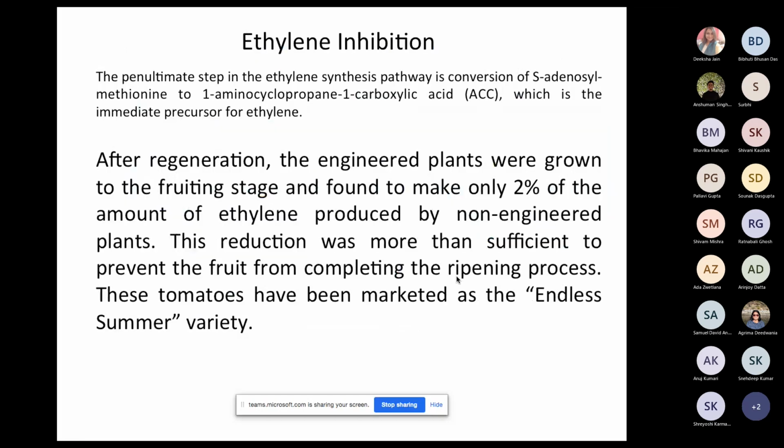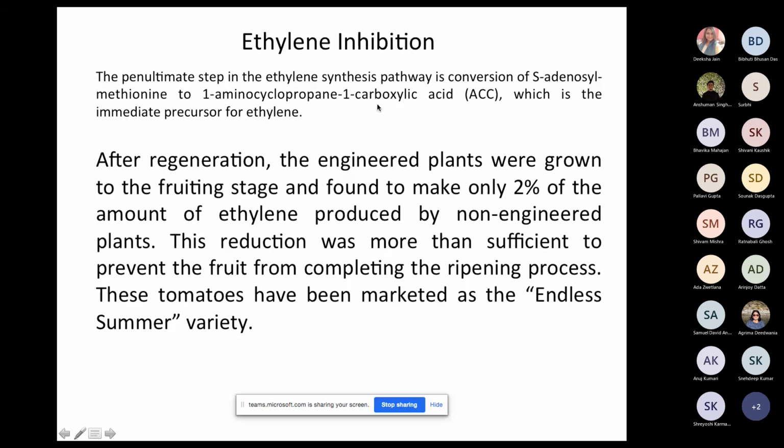Or you look for inhibition of ethylene, the hormone which is involved in fruit ripening. So in this, again, various strategies were used. In one case, they had used inhibition of ACC synthase, which is involved in this process. One type of transgenic tomato that is in the market is based on that.